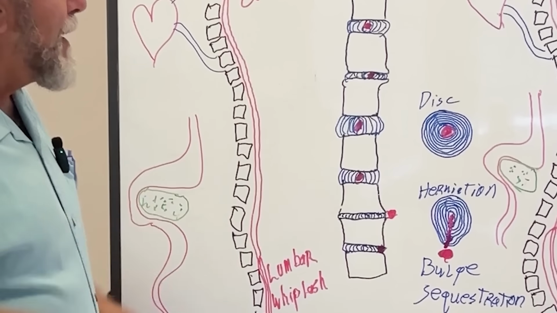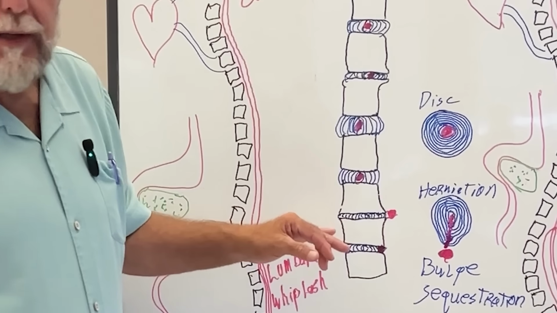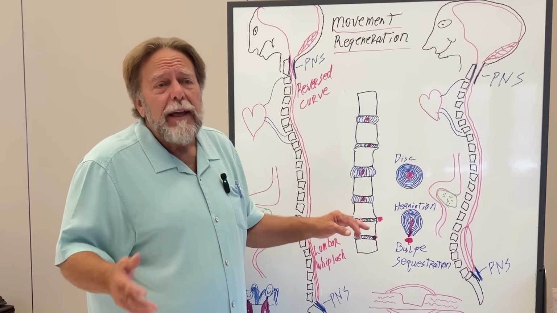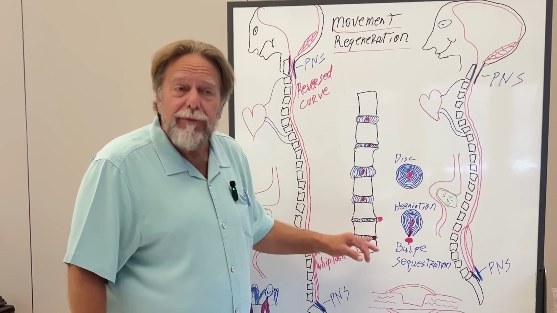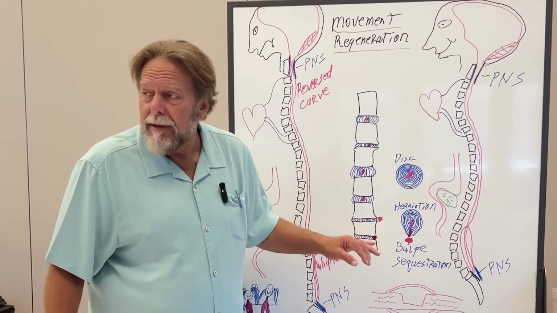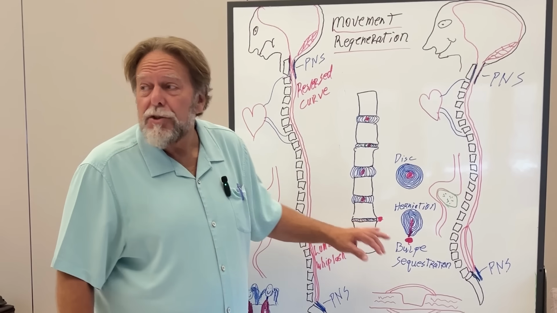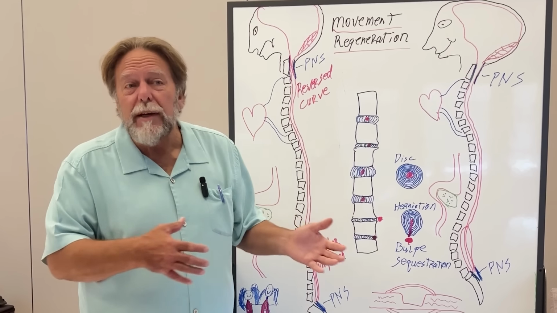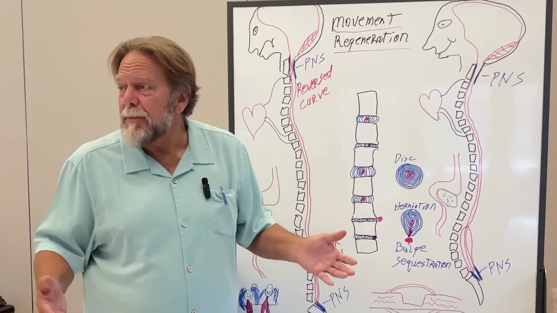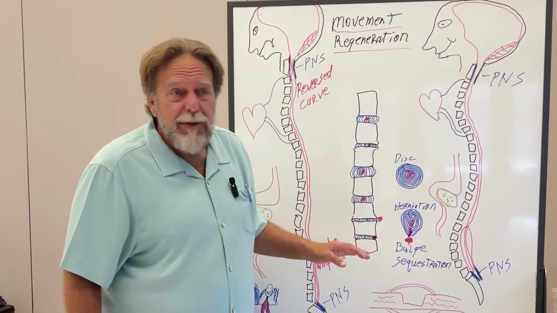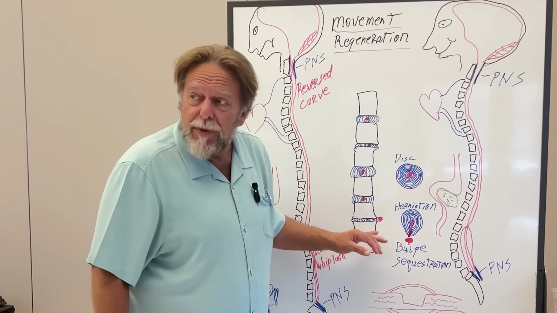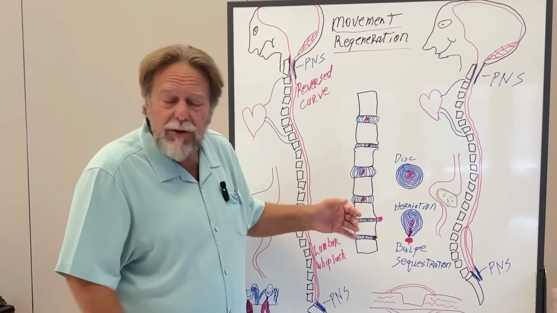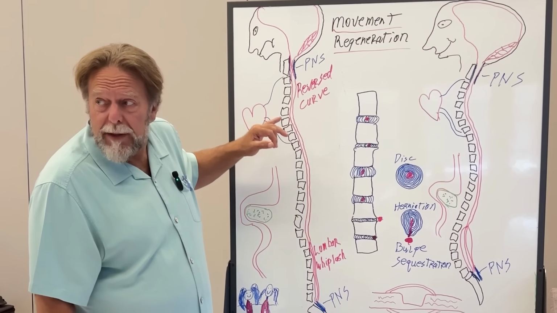Doctors will call this osteoarthritis. Arth means joint, itis means inflammation, even though osteoarthritis is a non-inflammatory joint condition. It's also called degenerative disc disease. You'd think it's a disease, but it's not. It's from trauma. This is really the body adapting to long-term alteration in movement.